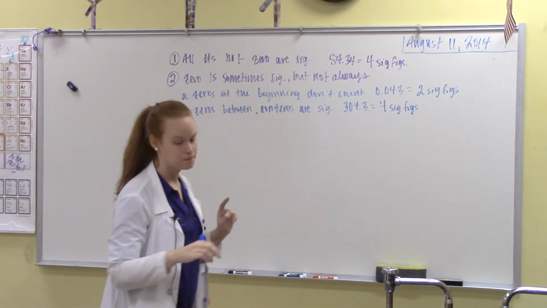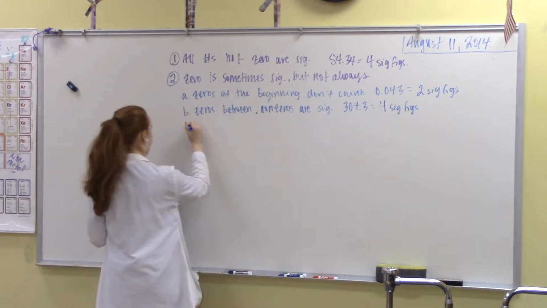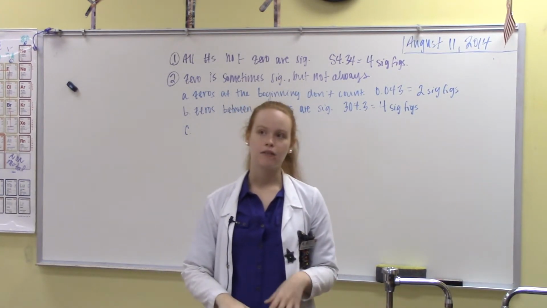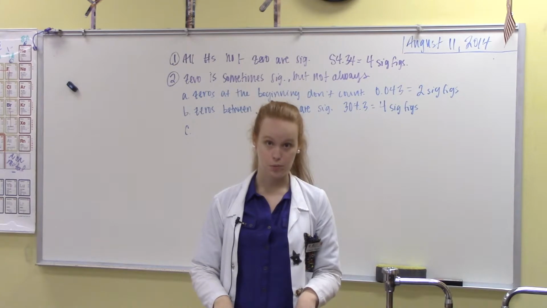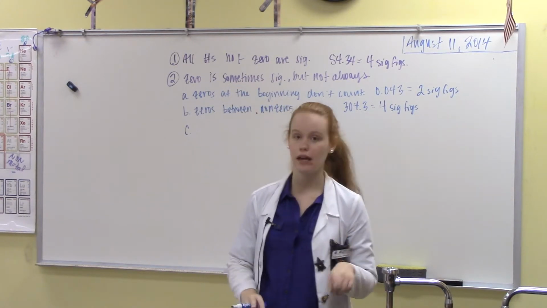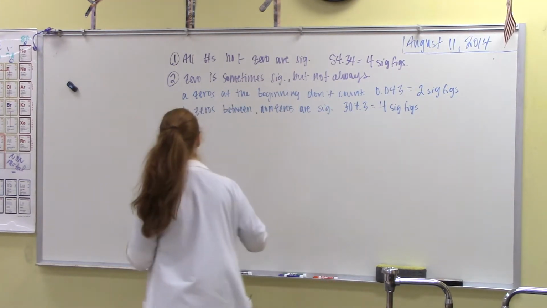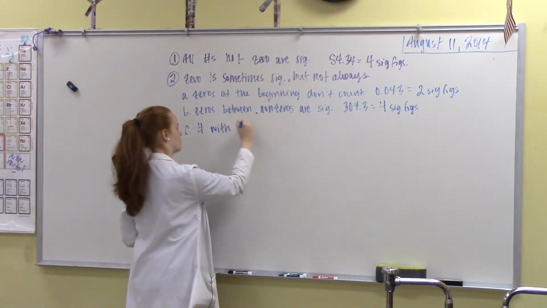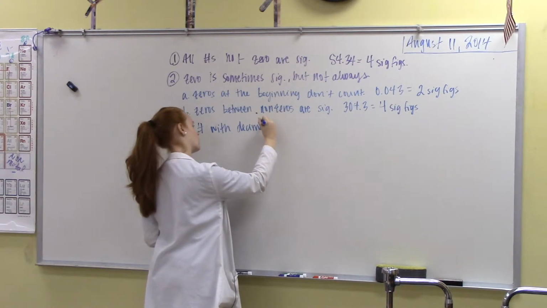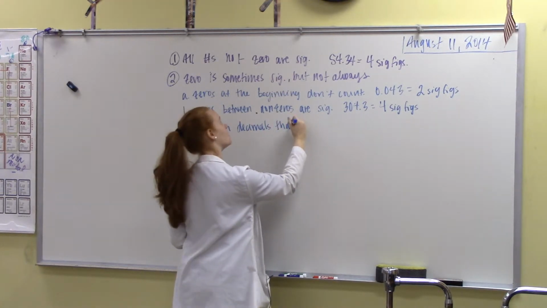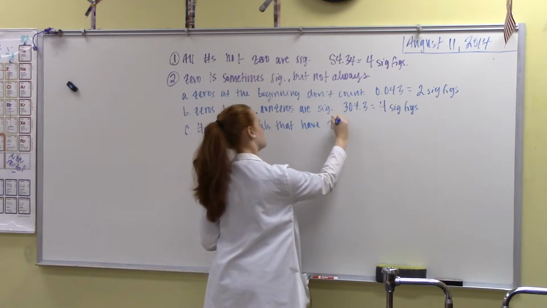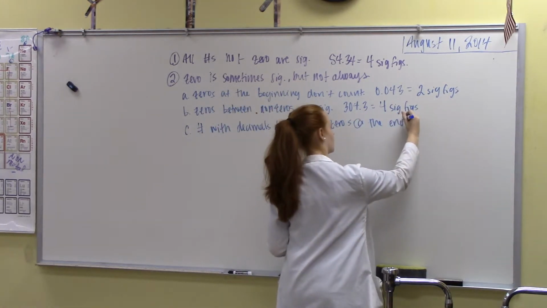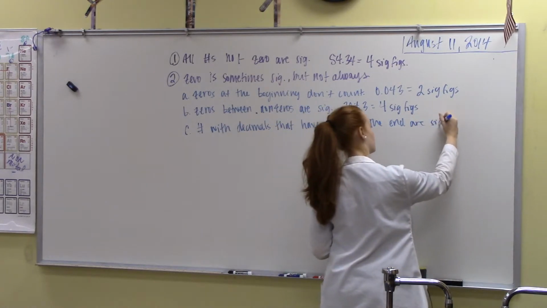But then I have letter C. Letter C says that if a number contains a decimal point and zeros are at the end of it, then they're significant. So numbers with decimals that have zeros at the end are significant.